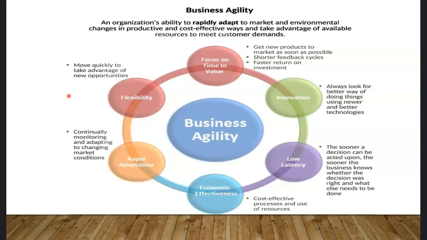As we are able to move quickly to take advantage of new opportunities, our business becomes more flexible. We can take advantage of new markets or new areas that the business wasn't previously involved in, and it makes us more flexible to changes that might otherwise be disadvantageous to some of our competitors.